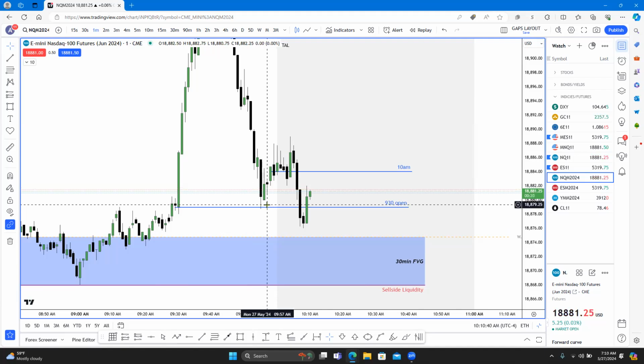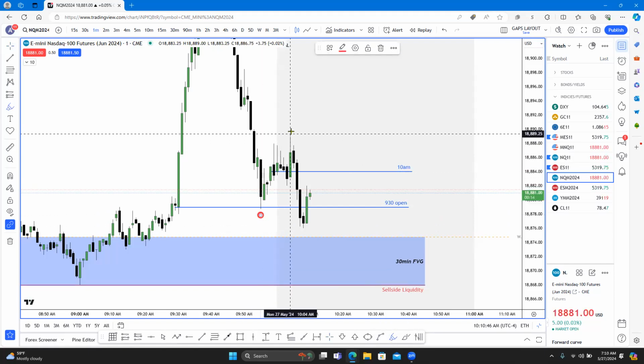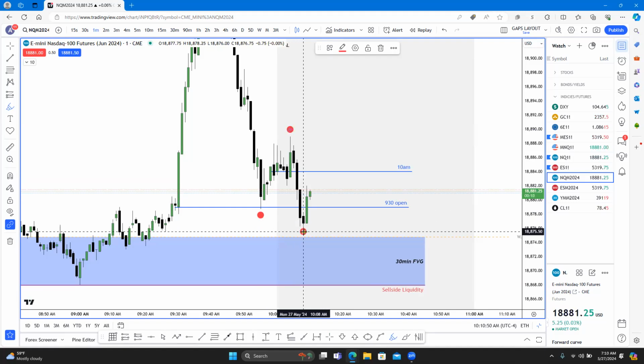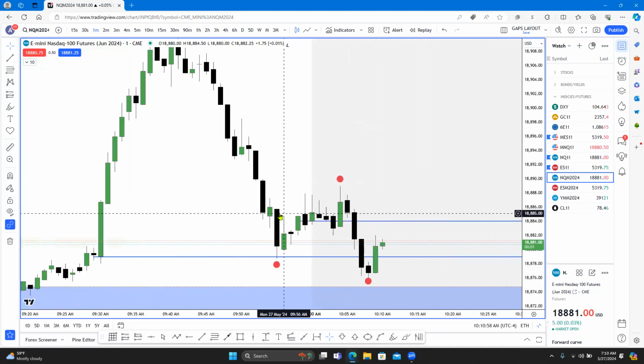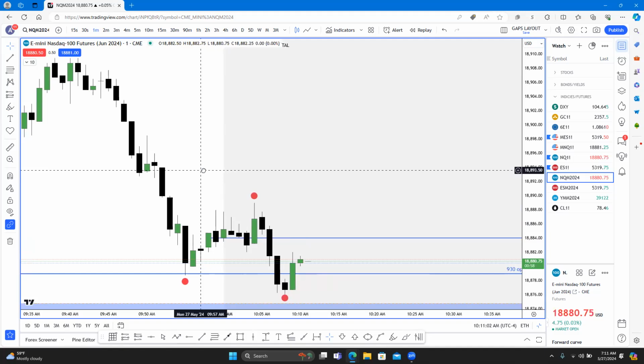So we have this low, high, lower low. Okay. If we're just looking at the bearish order flow in here, right?